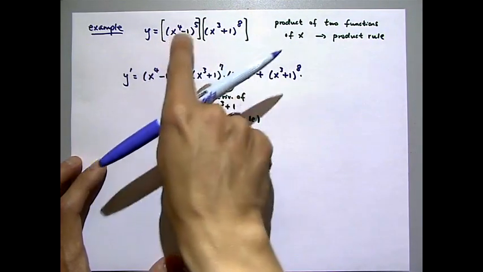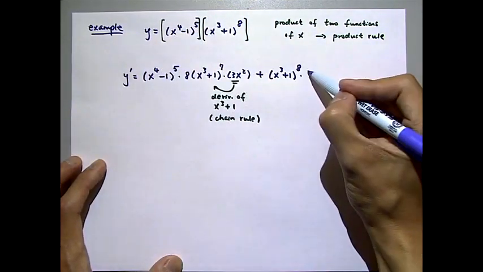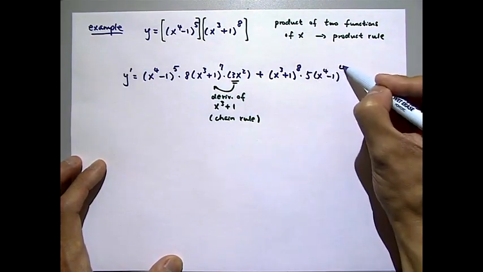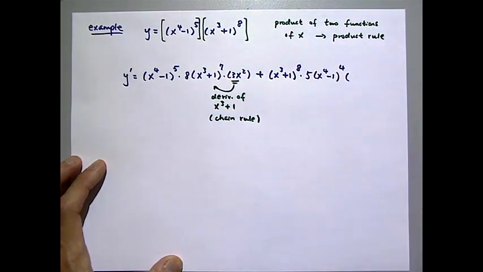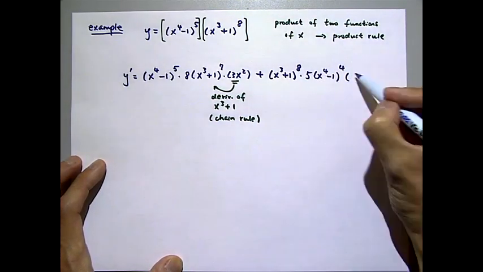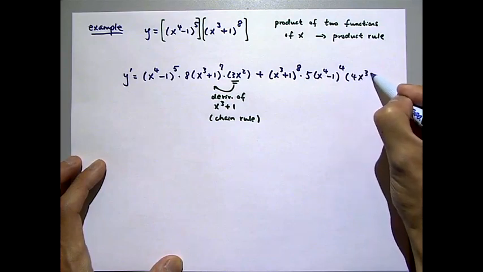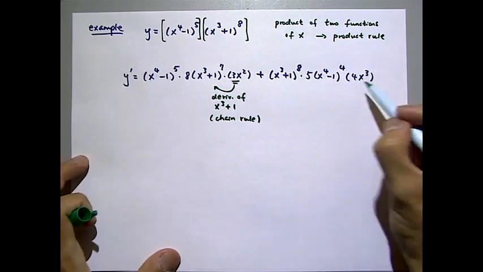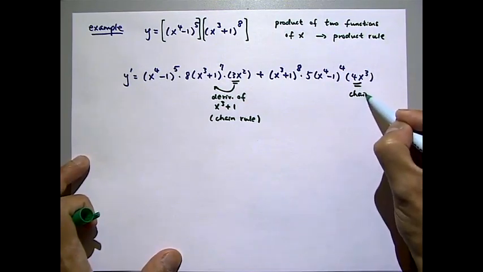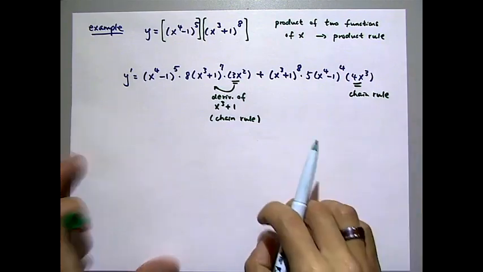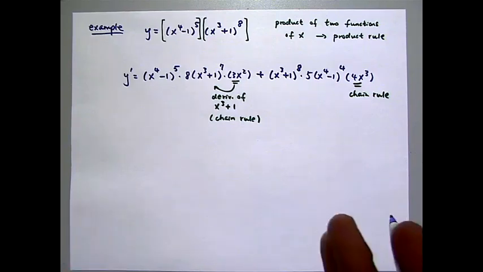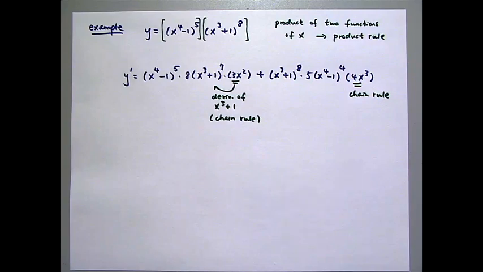Same form, something to the power of 5. 5 comes down, that thing stays put, power reduced by 1, and now we need a derivative of this, 4x cubed. Okay, so that's also from the chain rule. It's not a chain rule within a chain rule like we did last time. This is just a product rule, but then both parts require chain rule.